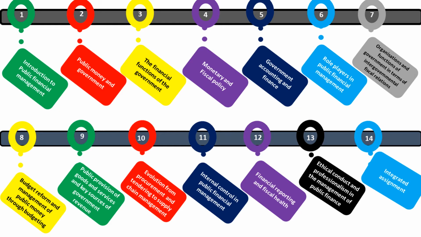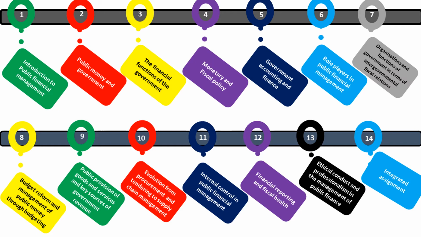Week 9 will be dedicated to public provision of goods and services and key sources of government revenue. Week 10 looks at the evolution from procurement and tendering to supply chain management. Week 11 looks at internal control in public financial management.